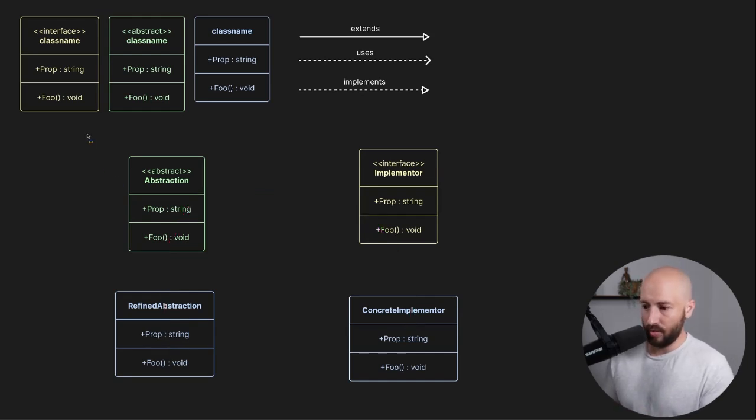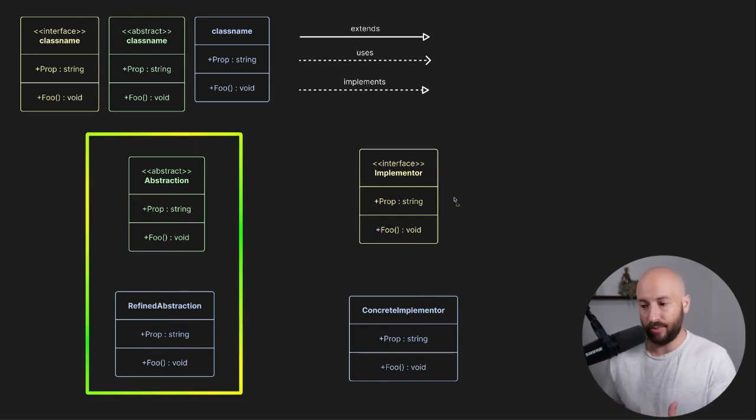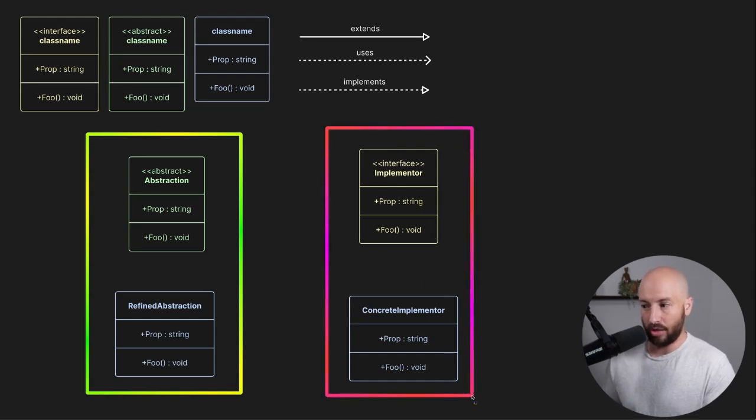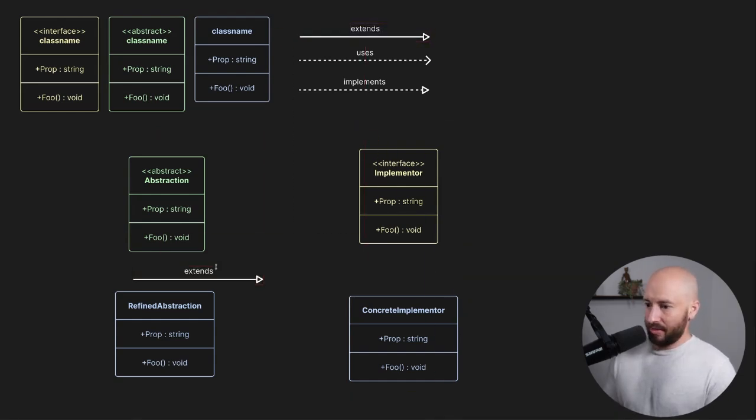What we're doing is bridging between the refined abstractions and the concrete implementers. As you would expect, the refined abstraction is the concretion of the abstraction, and it extends it like so. Likewise, the concrete implementer is the concretion of the implementer, and it implements it as so.